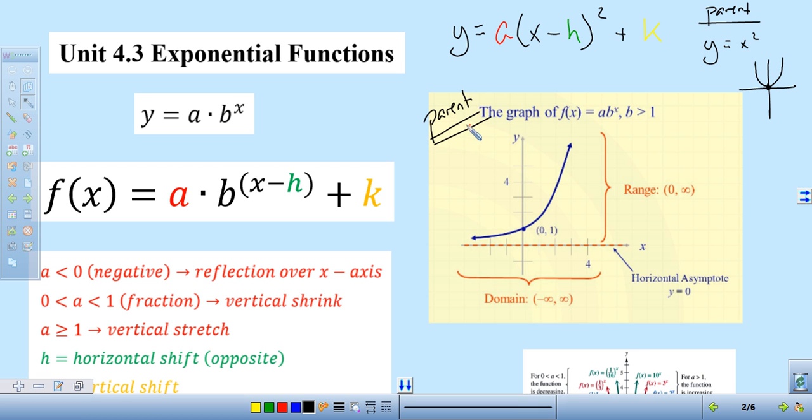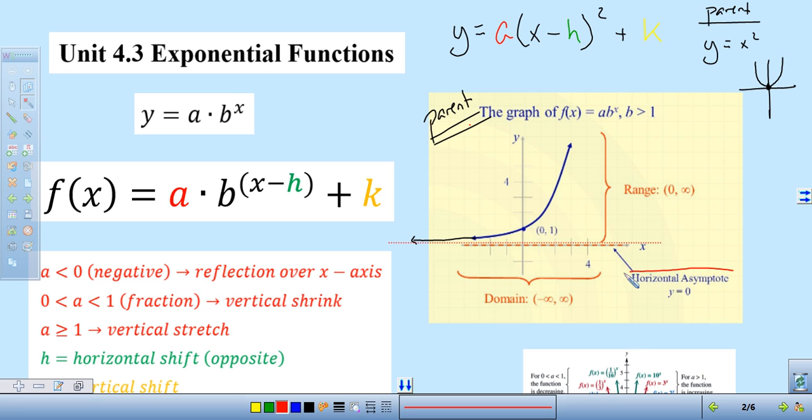So this is my parent. This is what the parent function of an exponential function looks like. It has this behavior: the graph comes from negative infinity and cruises along this special line, and I'm going to grab some of my colors and add on to this picture a touch. This special line is called an asymptote.